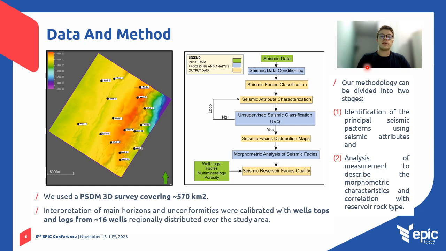The method is based on two steps: identification of the principal seismic patterns using seismic attributes, and the analysis of the measurements to describe the morphometric characteristics and correlate them with information from wells.